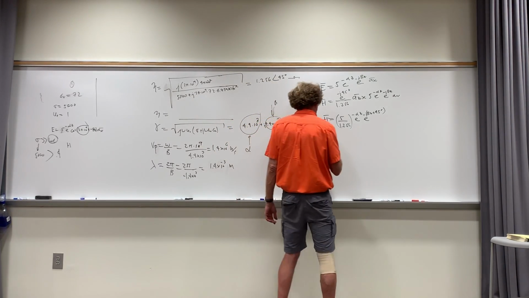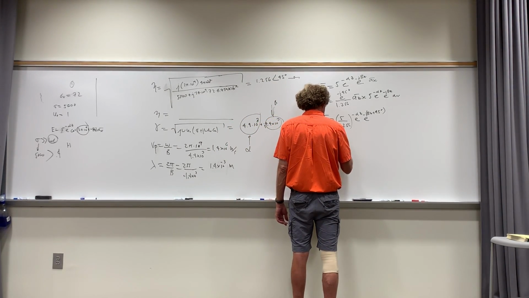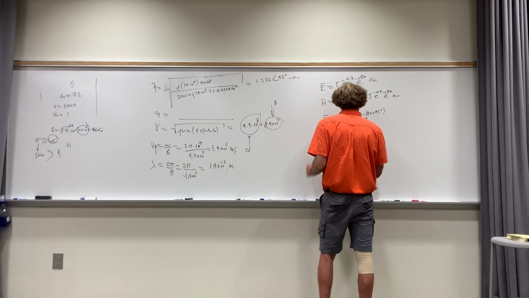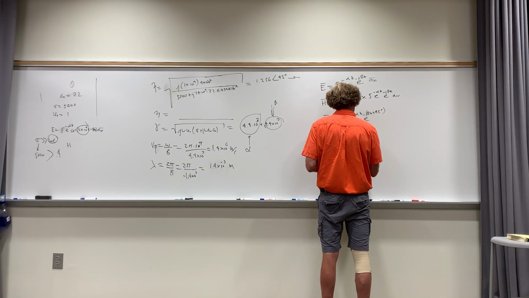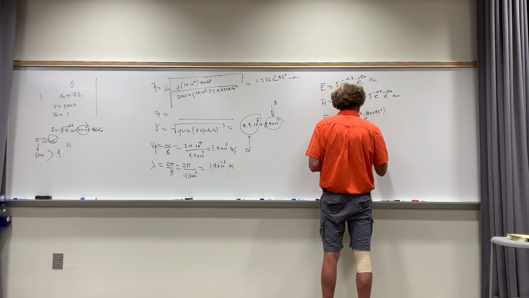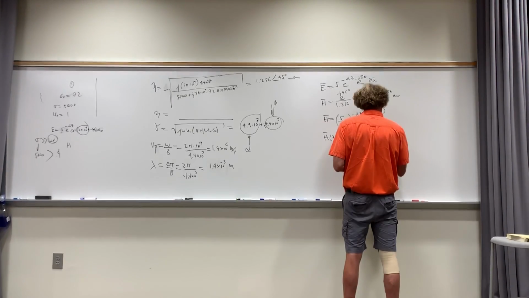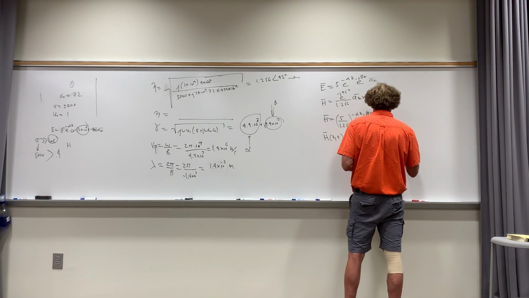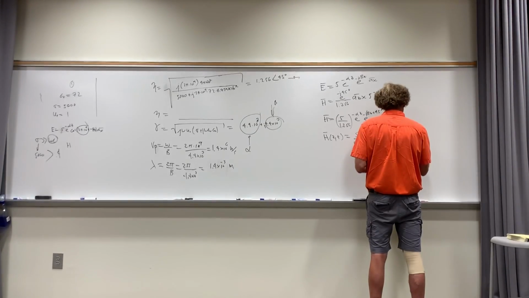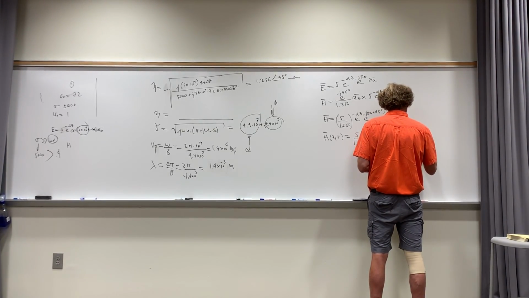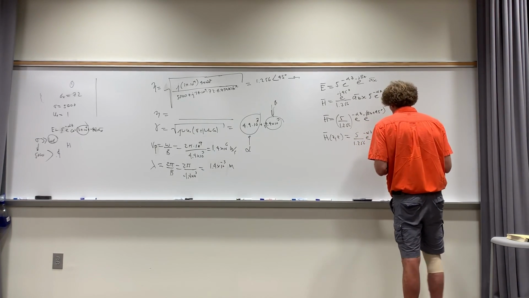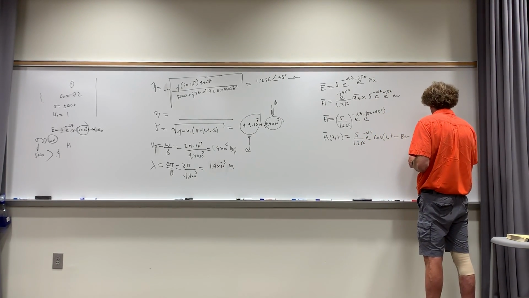So if you wanted it in the time domain, then it would be this value, 5 over 1.256 e to the minus alpha z. And then it's going to be cosine of omega t minus beta z minus 45 degrees, right? And that's a y. So that would be a y.